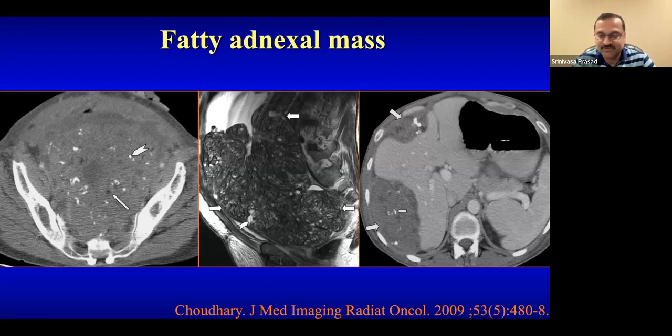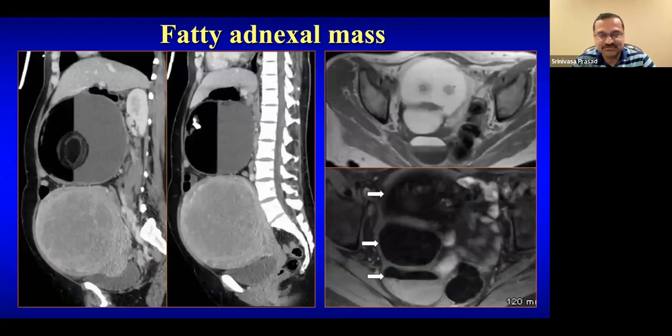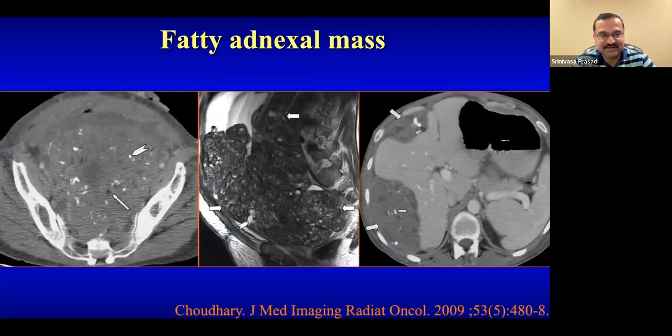In contradistinction to the mature teratoma that we have seen, where there is a significant proportion of macroscopic fat, here there is an admixture of diffusely infiltrative soft tissue with small volume of macroscopic fat and diffusely scattered amorphous calcifications.